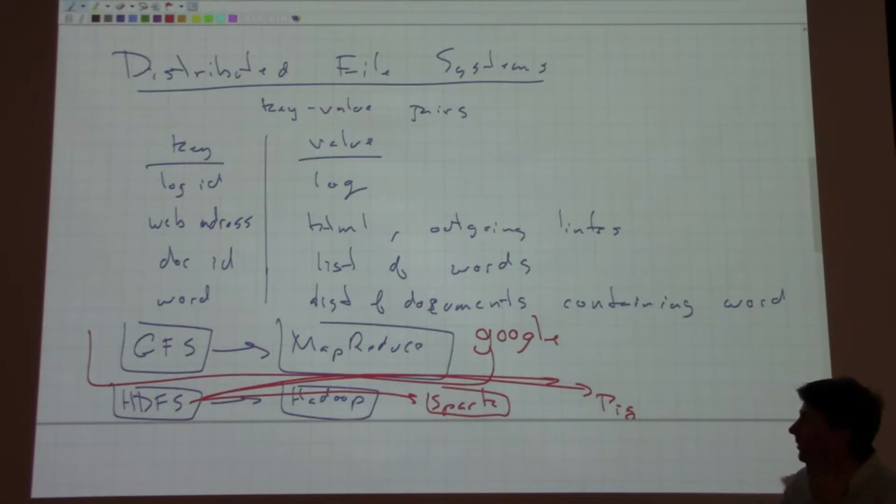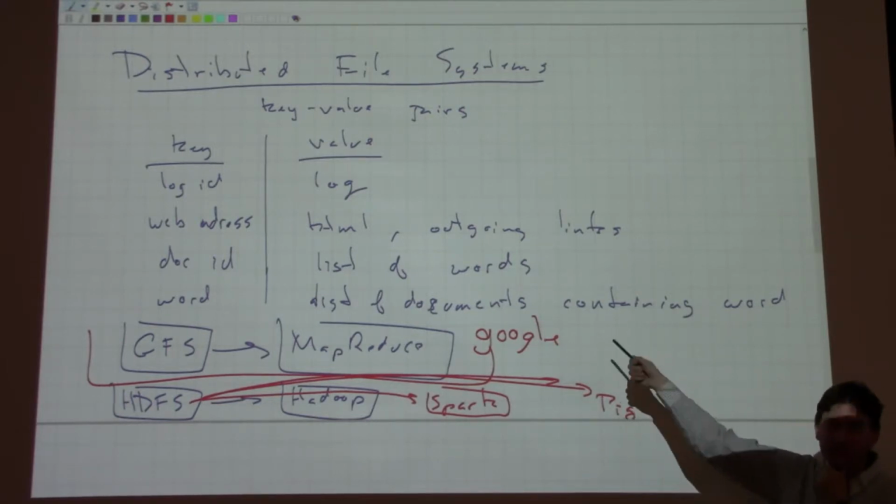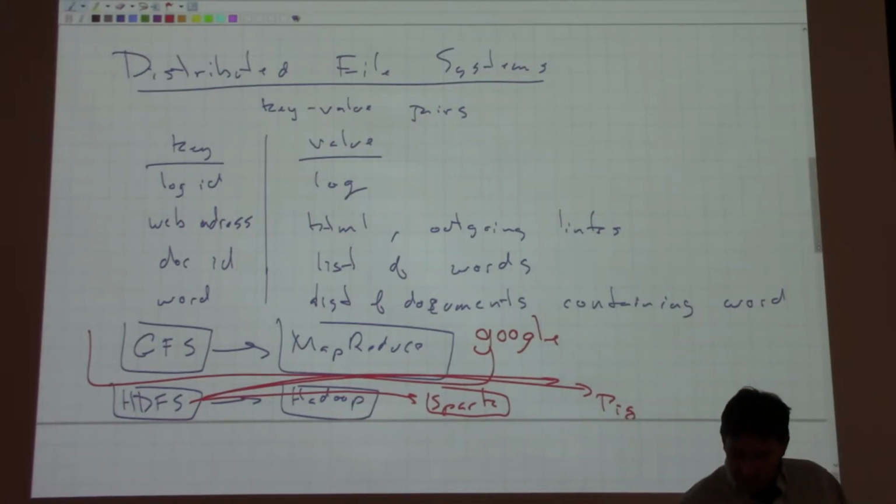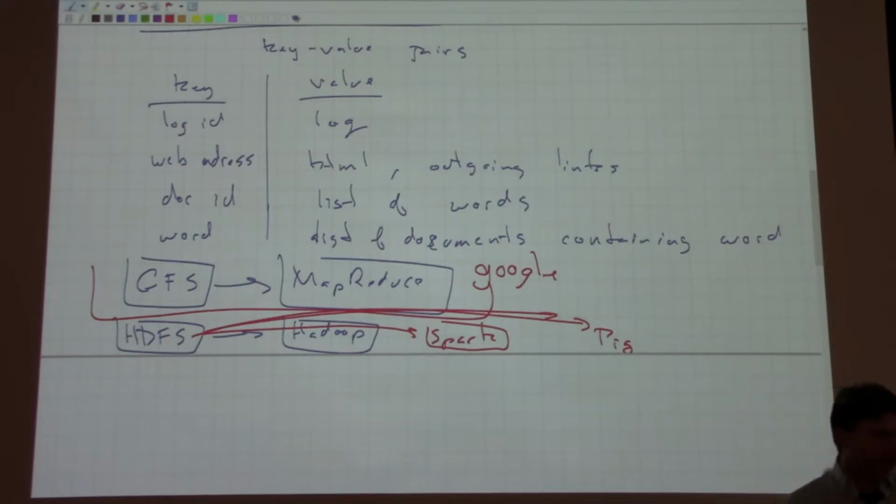Part of it is this key-value pair, which has influenced these NoSQL databases as well. They're built with more structure on top of this. But the other thing is how the data is stored.